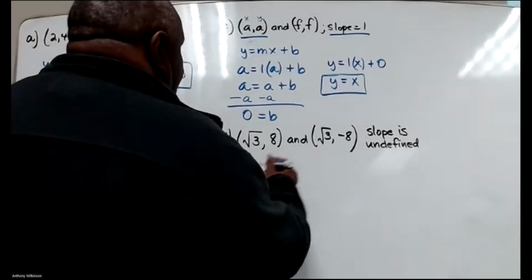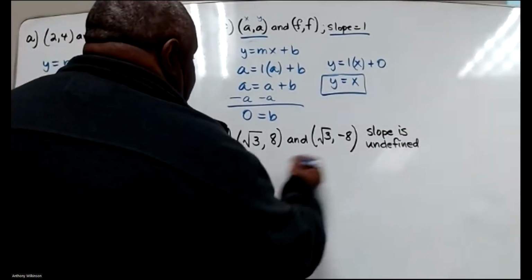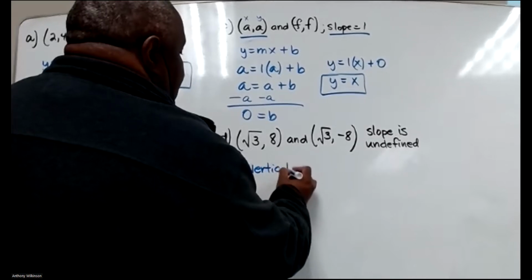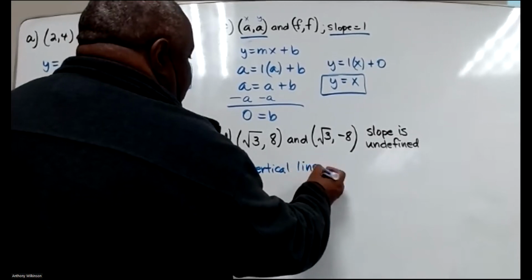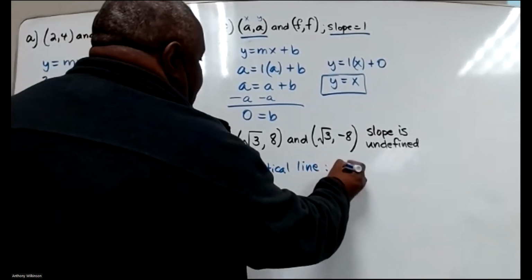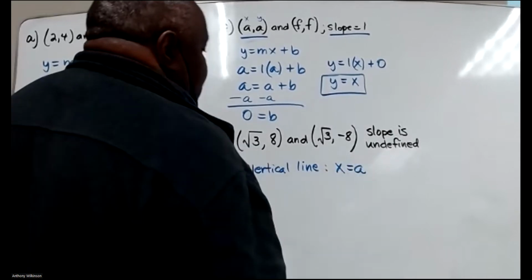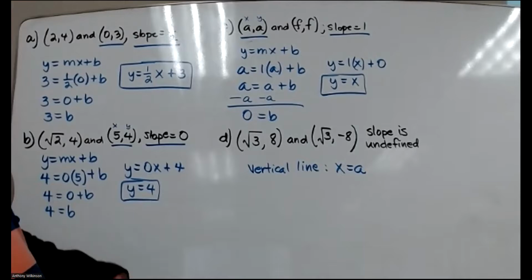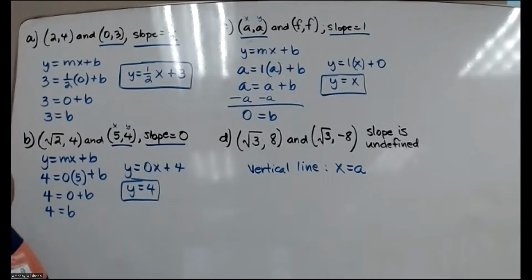It's got to be a vertical line, okay? Because if the slope is undefined, that means that the line is going to be vertical. And in a vertical line, the equation x equals a is the equation of that line. But here, if you look at your ordered pairs, what's the same, your x or your y coordinate?